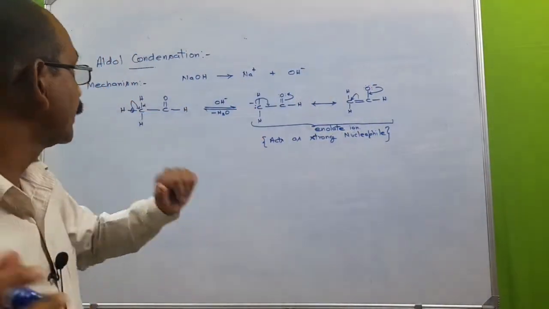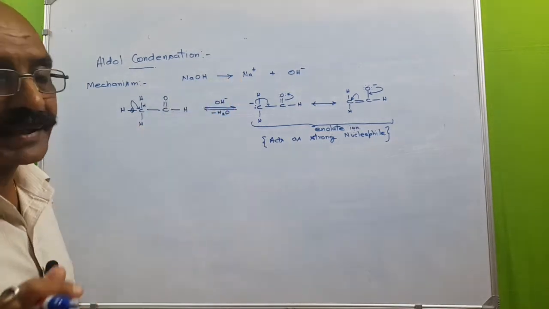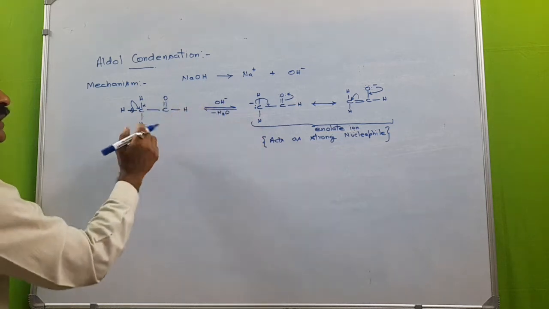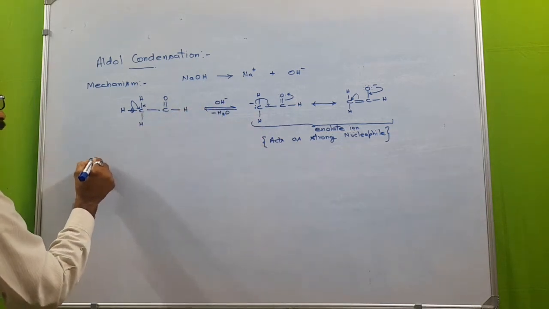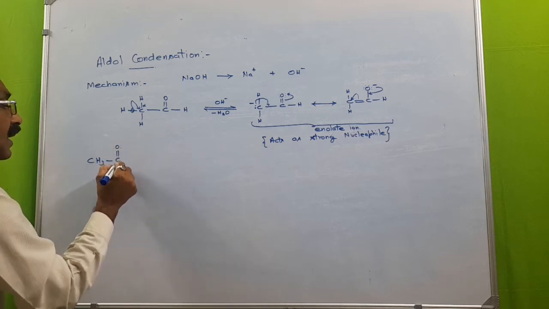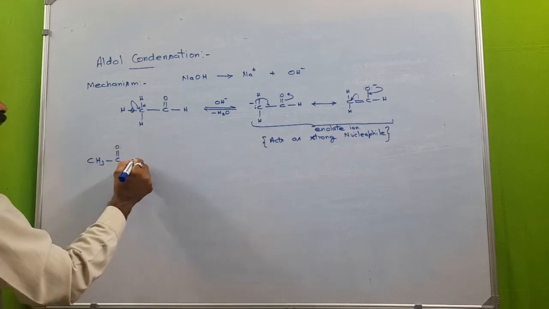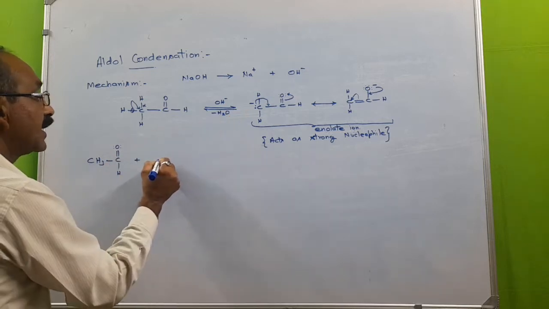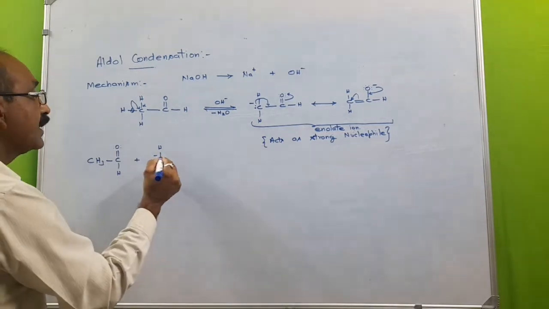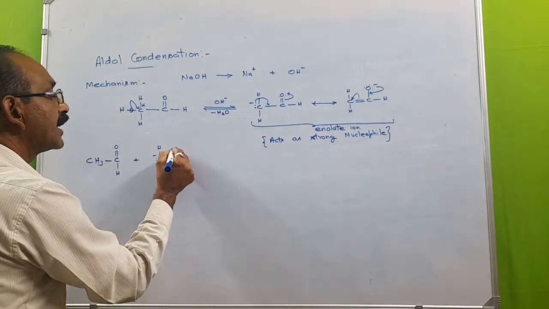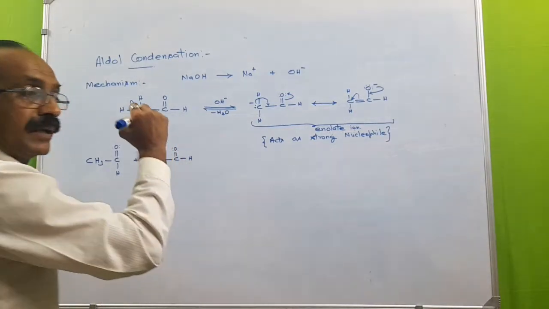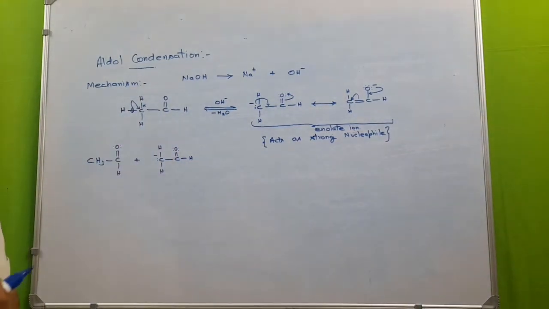Along with this nucleophile, the Na plus ions are also in the solution. So what happens under the influence of these ions, enolate ions and sodium ion? Here it is another molecule of aldehyde, and now the enolate ion, which itself acts as a nucleophile, and we know that carbonyl compounds, aldehydes and ketones, undergo nucleophilic addition.